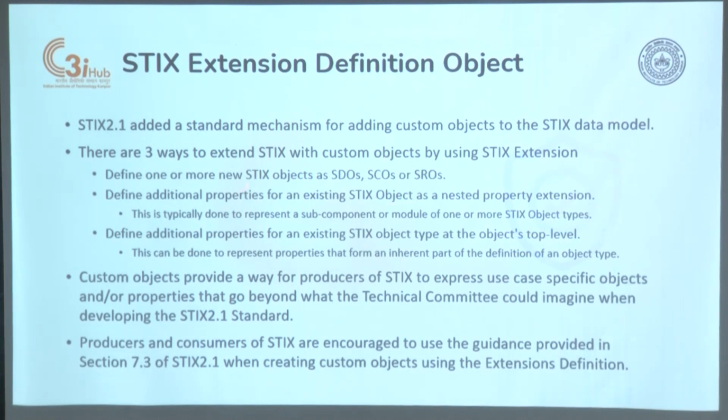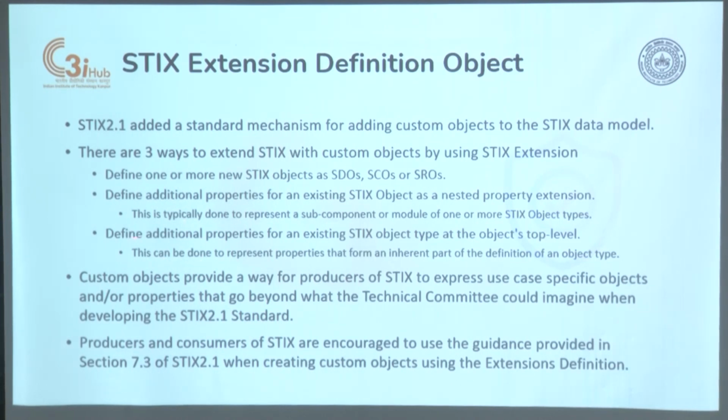Or I can define additional properties for an existing STIX object as a nested property extension, typically done to represent a subcomponent or module of one or more STIX object types. Or you can define additional properties for an existing STIX object type at the object top level. So either you can nest it, or you can put it at the top level. That is how you are extending.